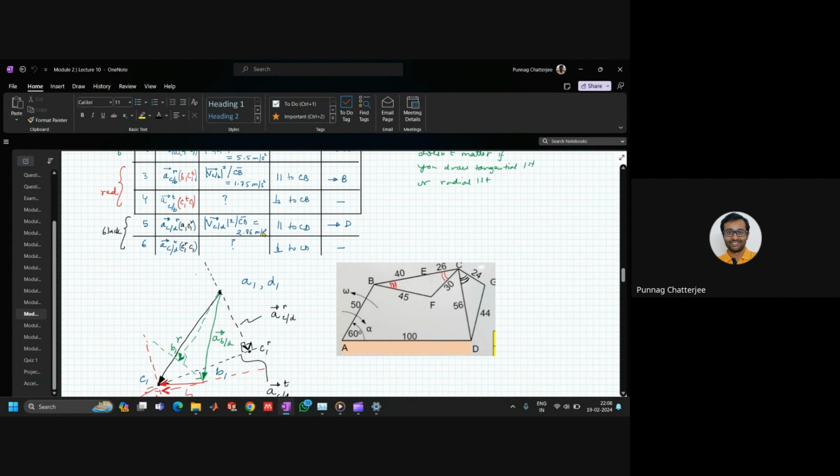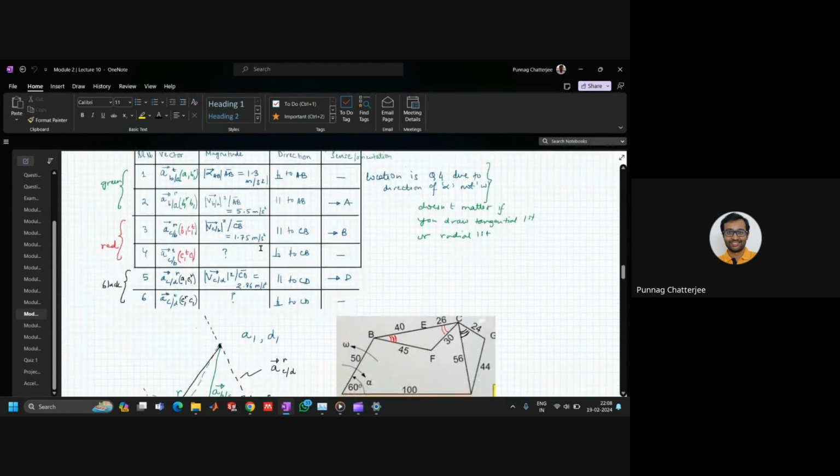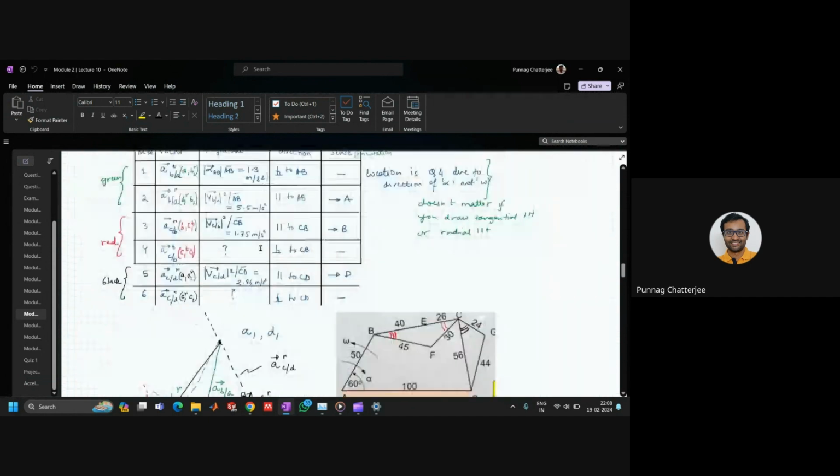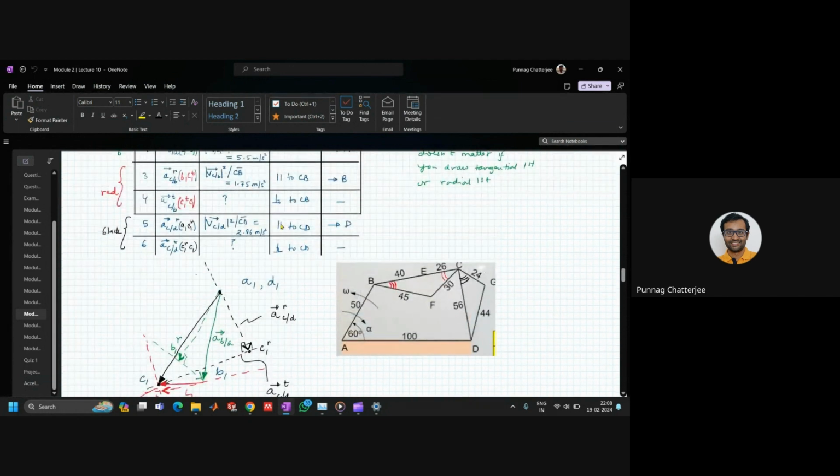Remember that this 2.86 meters per second square is actually 2860 millimeters per second square, so you have to multiply this with 1000. So 28600 millimeters per second square, and there's a scaling factor involved in the acceleration diagram. Just remember that. All these things drawn on SolidWorks are drawn with the scaling factor. We know the direction is parallel to CD.